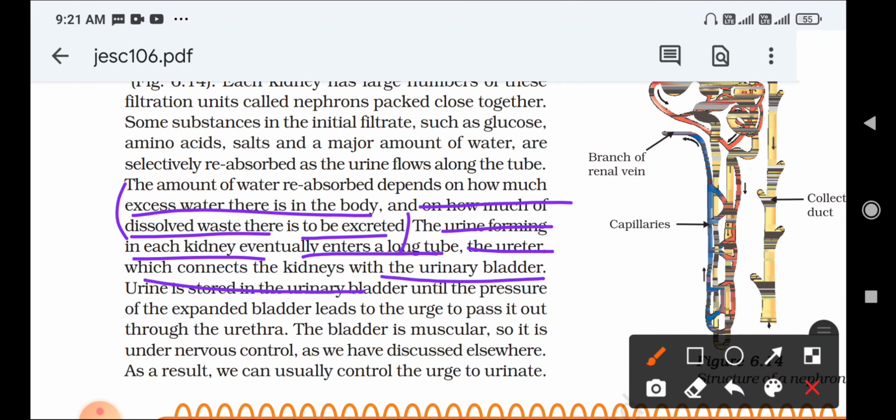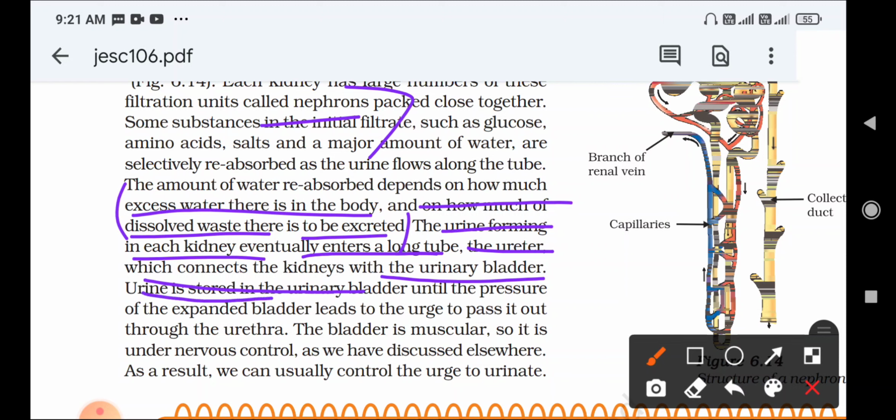The urine is formed in the kidney and enters the ureter, and the ureter is always connected to what? The urinary bladder. First urine is formed in the kidney, and after that it passes through the ureter to the urinary bladder.